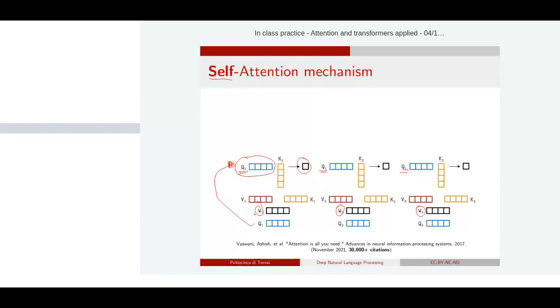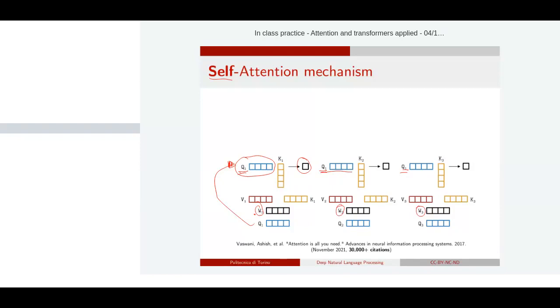We do the same for all the other words in the sequence. In this case, we have Q1 that is always the query. So with this vector, we are asking how much attention we should pay to the other words or the word itself. This query vector asks how much information I should take from the other word.